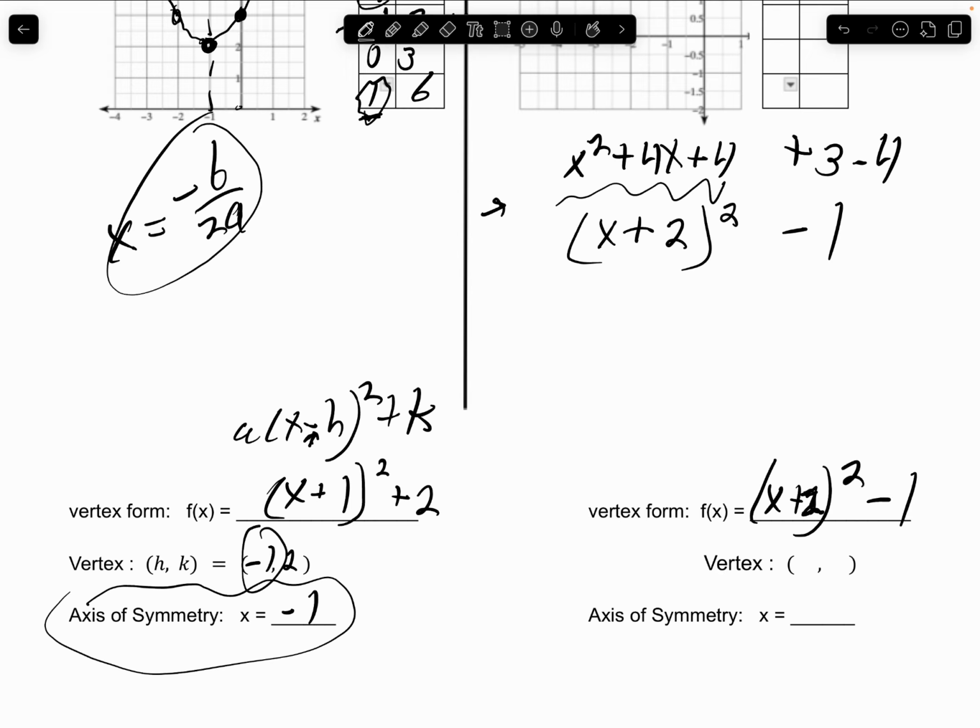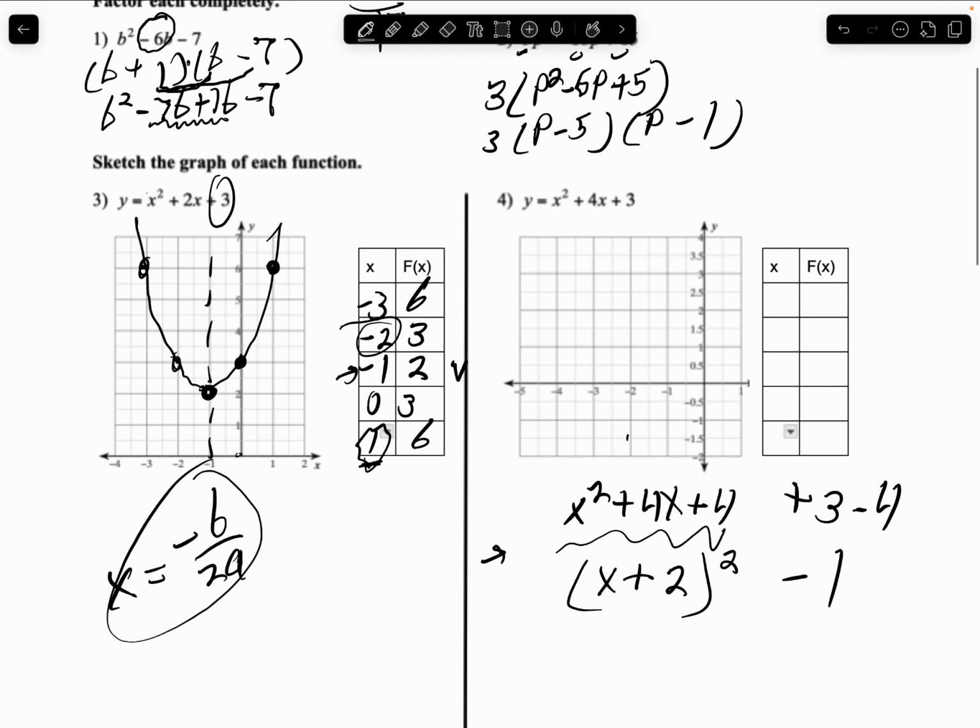So I have a -2, the opposite sign, and -2 is my axis of symmetry. Axis of symmetry, -2. -2, -1 is my vertex. Then -1, 0, -3, -4.